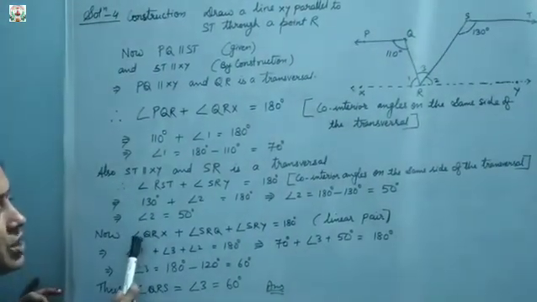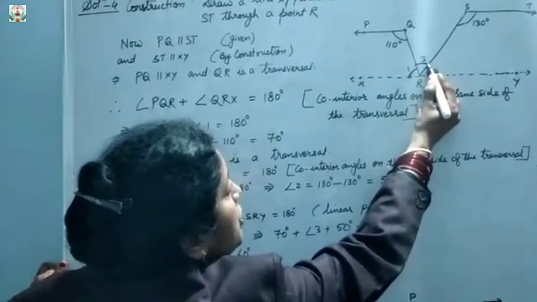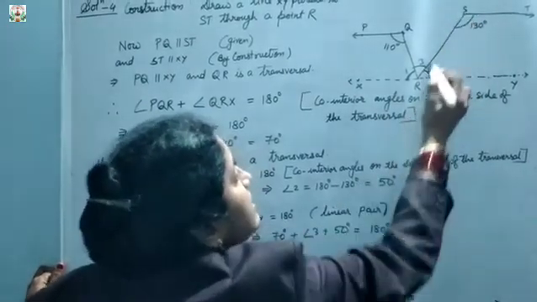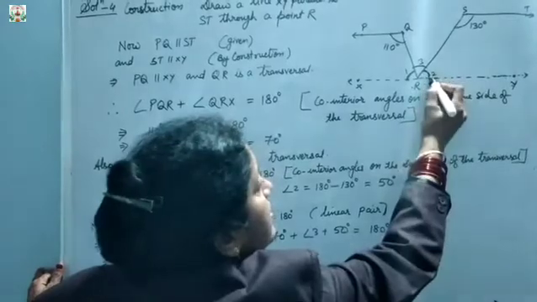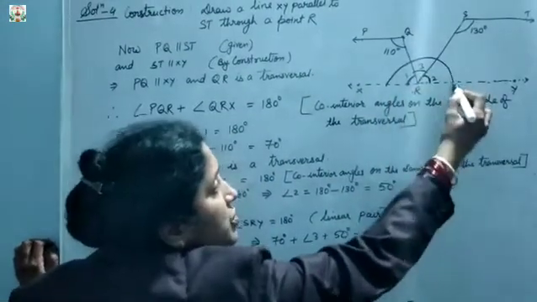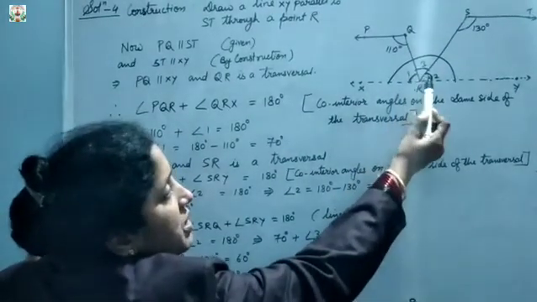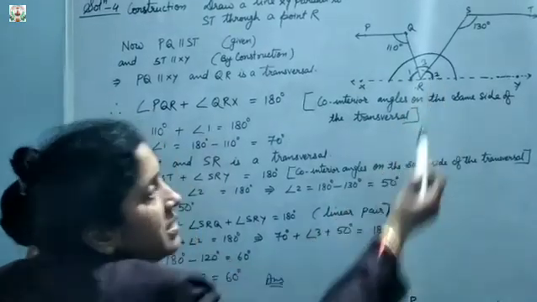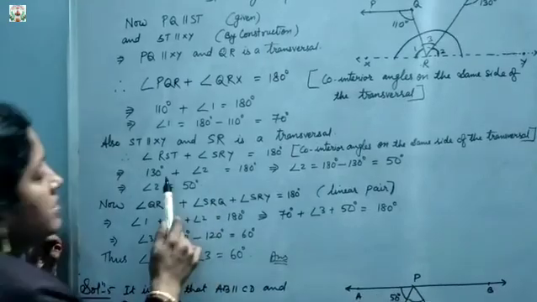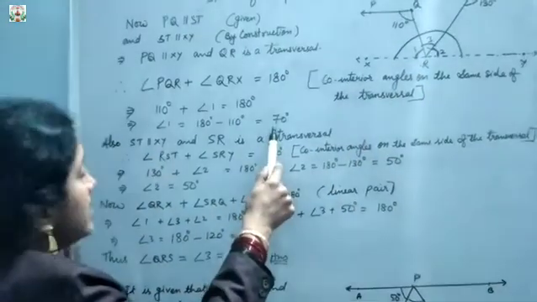Now angle QRX plus angle QRS plus angle SRY equals 180 degrees. That is a linear pair. This angle plus this angle plus this angle equals 180 degrees. We now know angle 1 is 70 degrees.